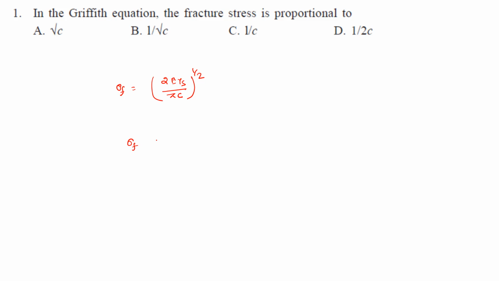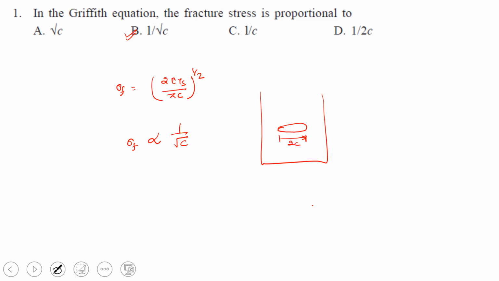So sigma f will be directly proportional to 1 by root over c. So option B, right? If it is an internal crack, then this will be 2c, so we take half of this. But suppose it is a surface crack, then we take it as c.